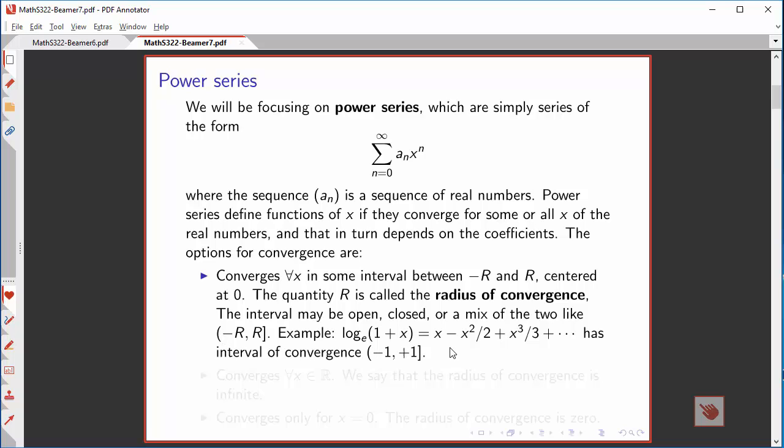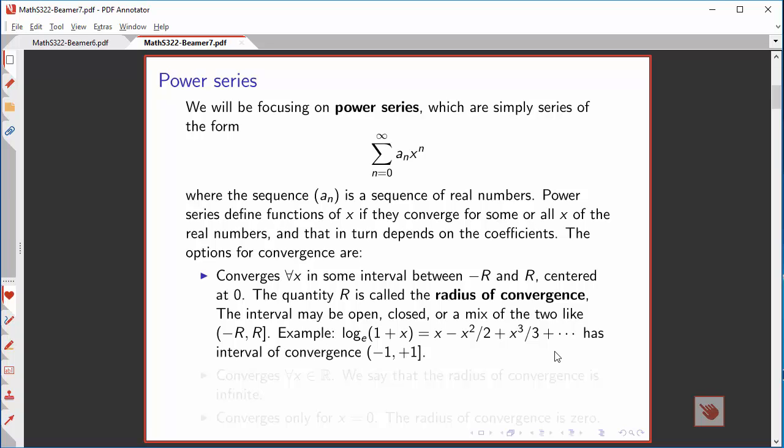Here's an example with which you may be familiar. The natural logarithm function of 1 plus x has the power series expansion x minus x squared over 2 plus x cubed over 3, and so on. If you plug x equals plus 1 into this, you get 1 minus a half plus a third minus a fourth, and so on. That converges to the natural logarithm of 2, albeit only conditionally.